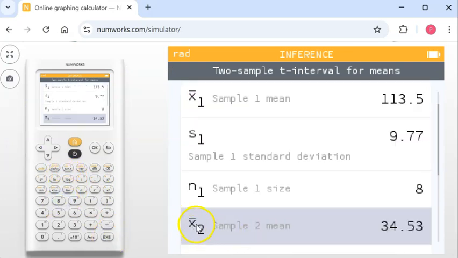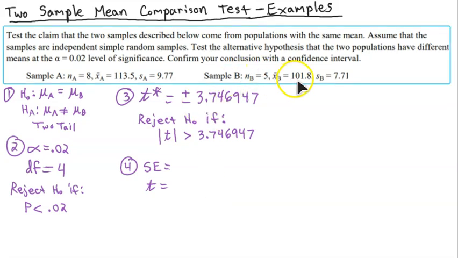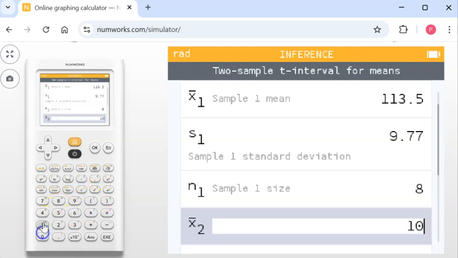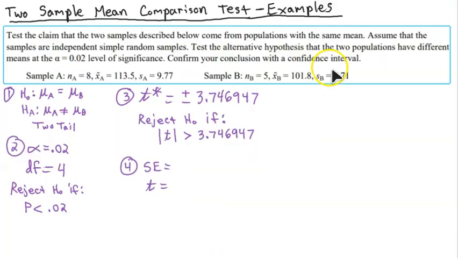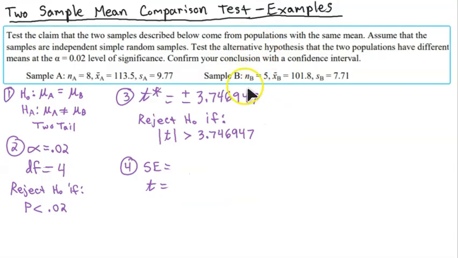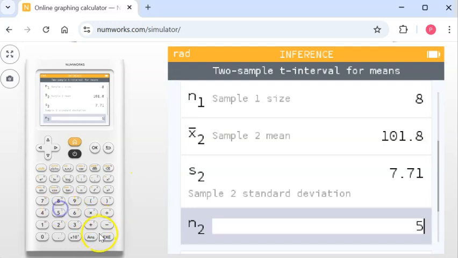x bar sub 2 is going to be x bar sub B. That's over here. That's going to be 101.8. And then the standard deviation from over there is going to be 7.71. And the sample size from over here is 5. We'll put 5.